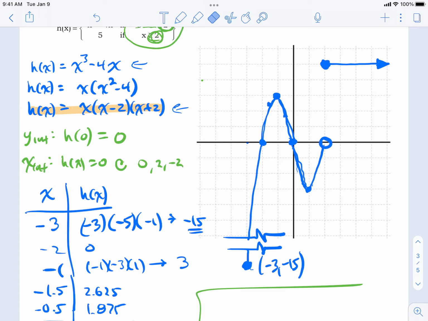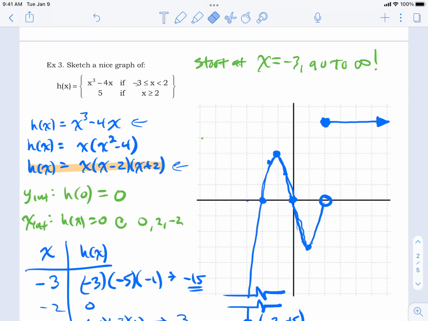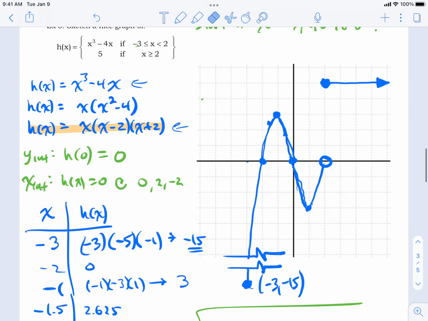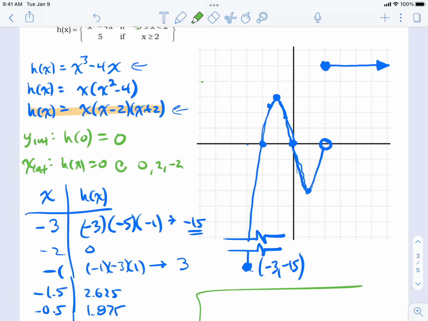Well, the range is going to be kind of funky. For the range, you have to look at the graph. You're looking at all the y values, the outputs. You'll notice right away, you never go any lower than negative 15. The y values come up, and they go as high as 3 here.